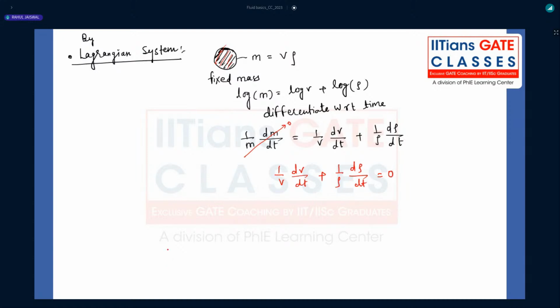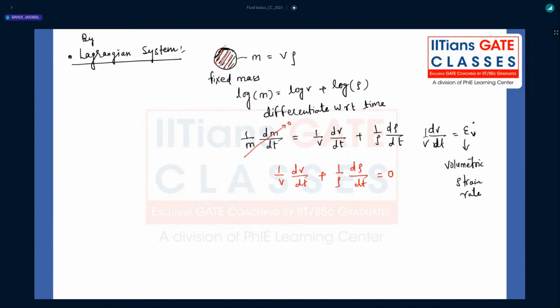Further, what can we write? (1/V) dV/dt is the change in volume by the original volume, right? We write this as the volumetric strain rate.